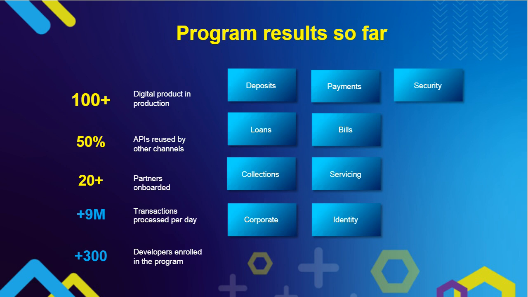We would like to ensure that the digital business owners can go faster, because all the pieces are there and they have plenty of options to choose from to craft their digital products. We have over 20 partners on board in the program, and we process 9 million transactions per day, and it's just starting with these 100 products. We plan to grow a lot more during the end of this year and the next one.